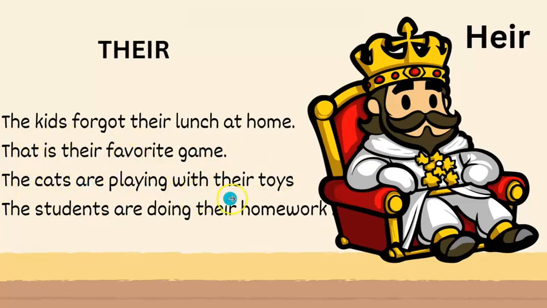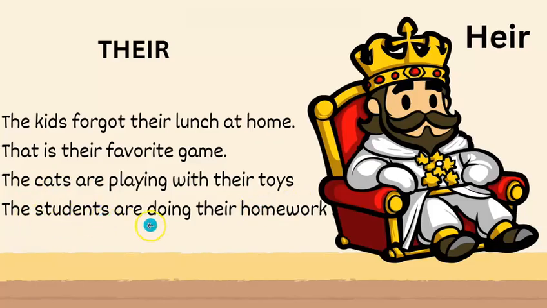The cats are playing with their toys. It just shows that whose toys are the cats playing with? Theirs. So it simply means that this their is used to show that the toys belong to the cats. So the cats are the owner of the toys.